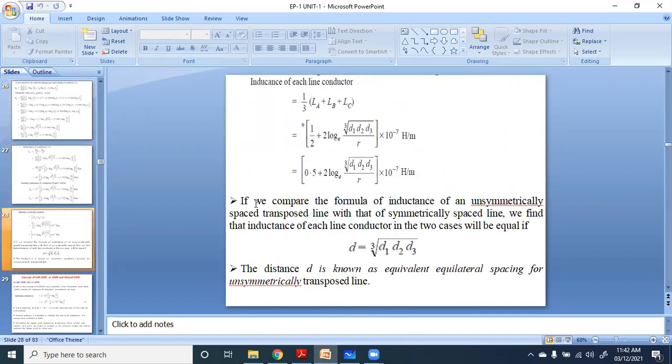The line inductance formula is (0.5 + 2 log e (cube root of d1 d2 d3 / r)) x 10^-7 Henry per meter, where d1, d2, d3 are the spacings between the three conductors. D equal to the cube root of d1 d2 d3 is called the equivalent equilateral spacing for the unsymmetrically transposed line.